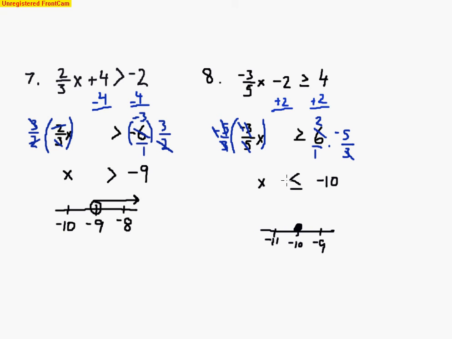X is less than or equal to negative 10. So it's a filled-in circle showing that negative 10 is one of the solutions, but being less than means that it goes to the left. So those are the smaller numbers x can be. So x has to be smaller than or equal to negative 10.